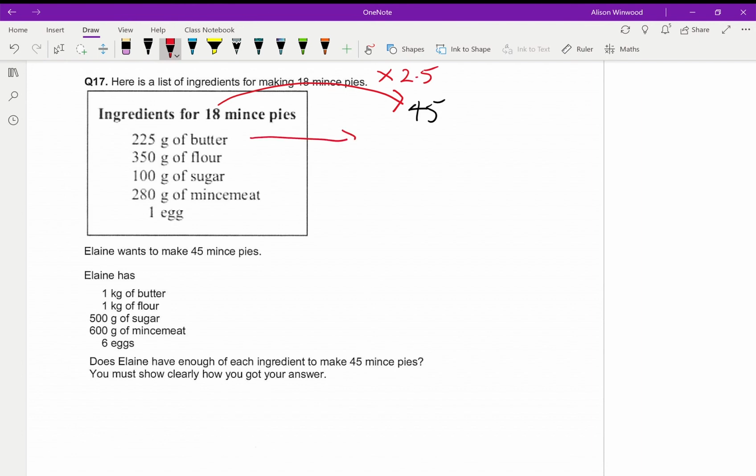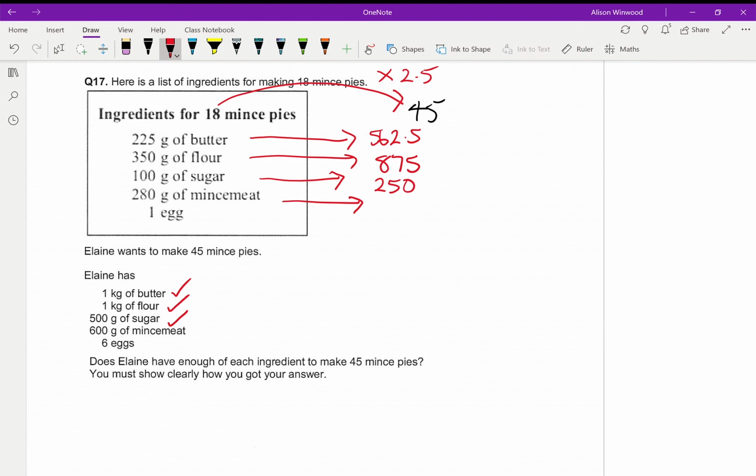So butter, I need 562.5, and I've got a kilo, that's fine. Flour, I need 875 and I've got a kilo. Sugar, I need 250 and I've got 500.